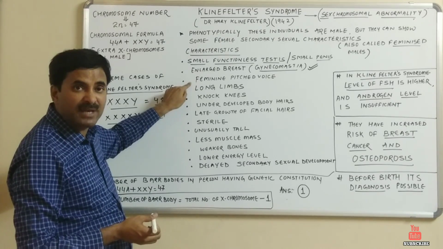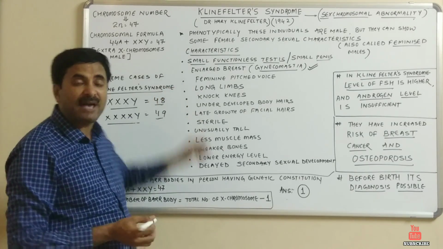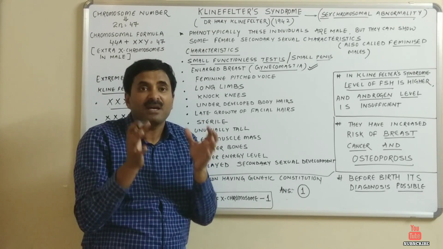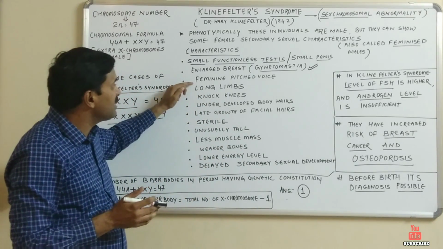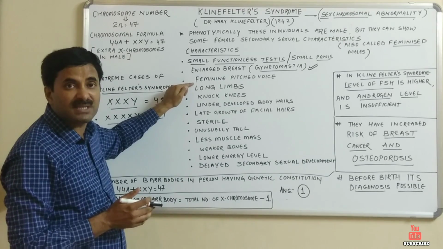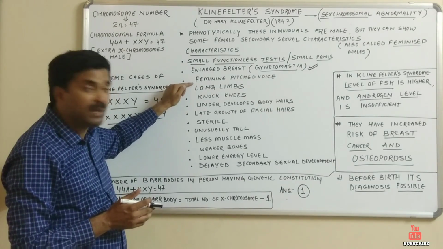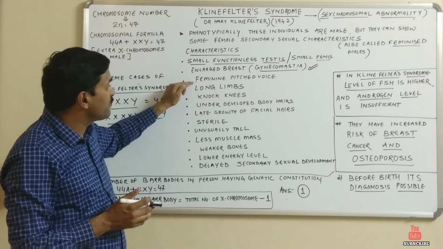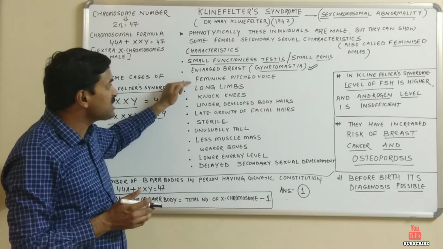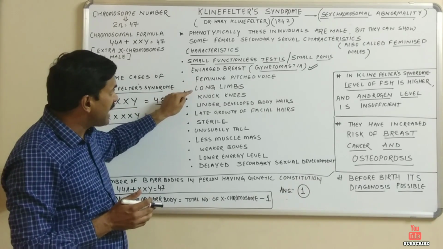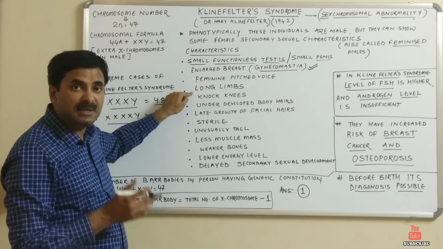A normal male has a coarse voice with a heavy pitch, but here the person suffering from Klinefelter syndrome has the frequency or pitch of the sound just like a female. They also have long limbs.